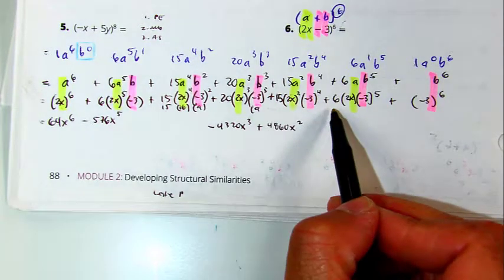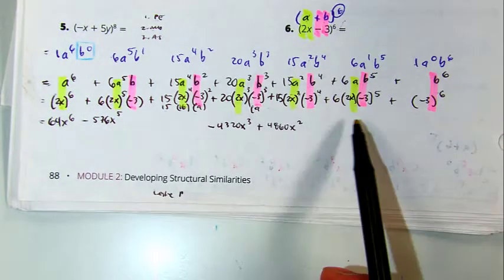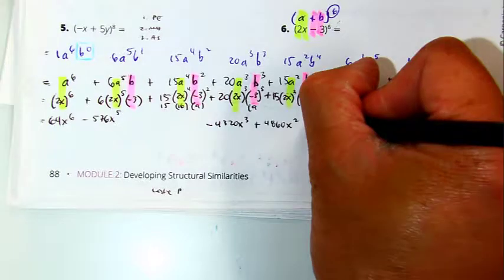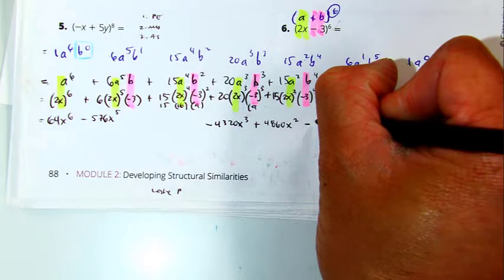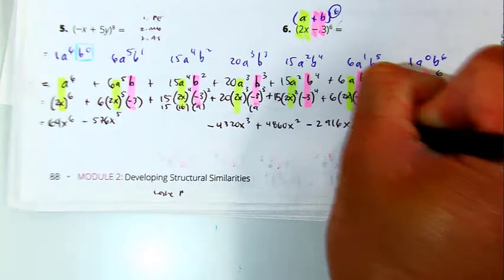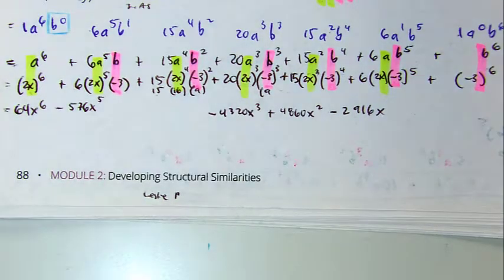Ariana. Negative. Correct. That's the P. You got yours?